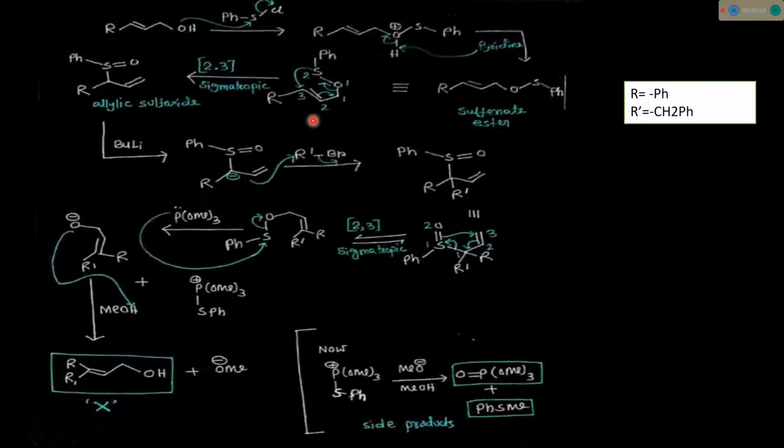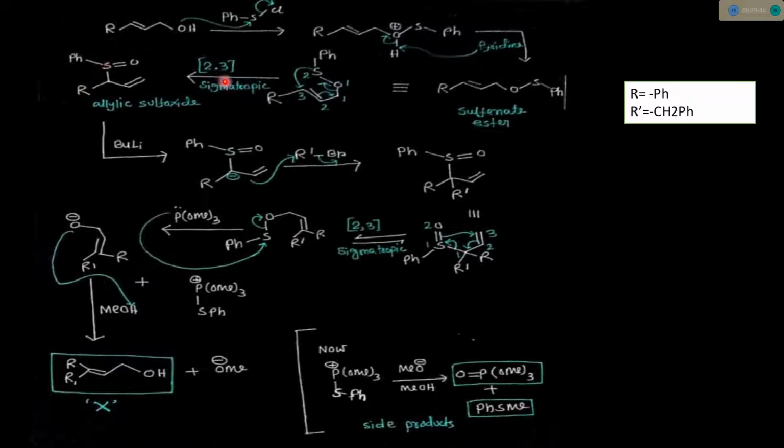We all know that among sigmatropic rearrangements there are 3,3 and 2,3. If you study the 2,3 sigmatropic rearrangement, you can easily see this type of connectivity. So again this is a 2,3 sigmatropic rearrangement. The bond between 1 and 1 will break and a new bond will form between 2 and 3.